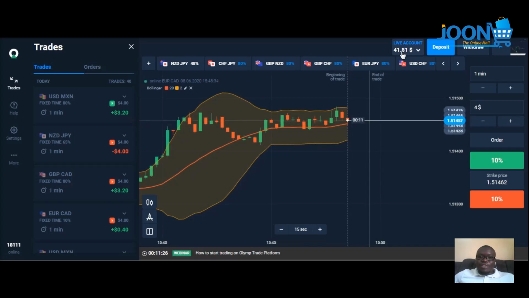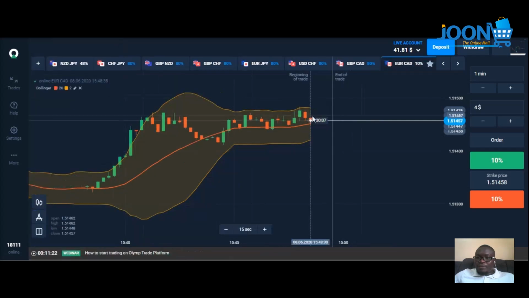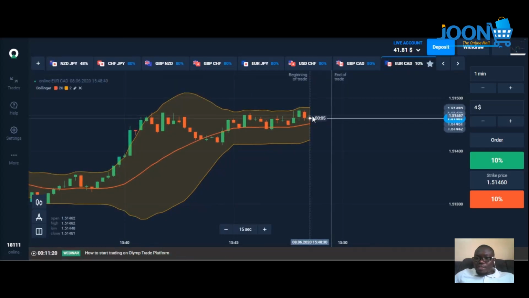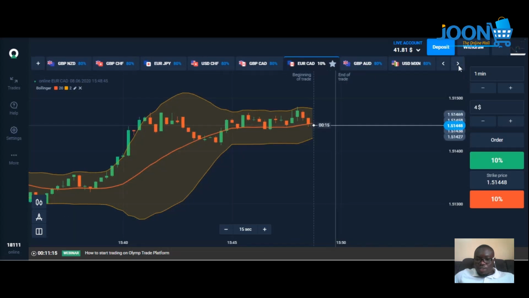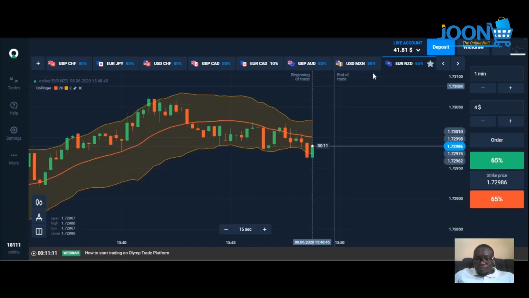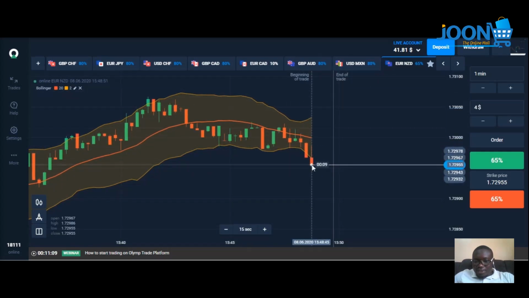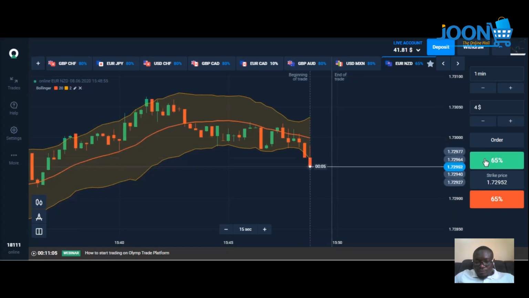So using the same strategy, we can go on and on, winning and winning. So let's just see if there is any other asset that is breaking out, so we can continue with the same strategy. Let's wait for this. It expires in 6 seconds. So let's trade there.